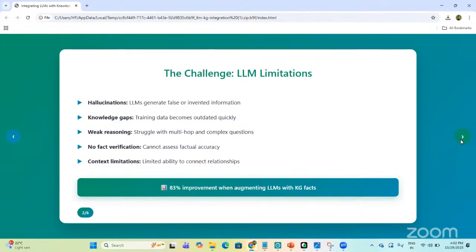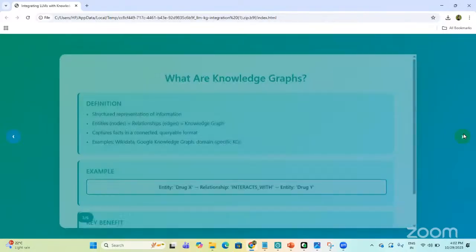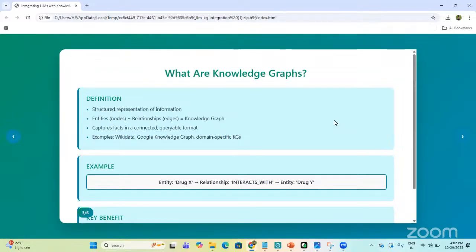So we now know the advantages of integrating with knowledge graphs. Now let's see what knowledge graphs are. Knowledge graphs are a structured representation of information. They consist of entities like people, drugs, products, and the relationships between them.